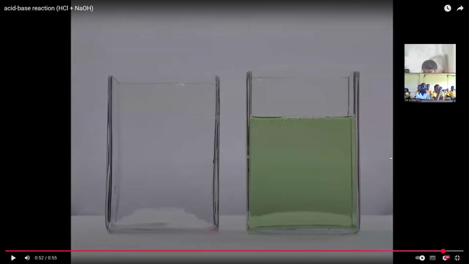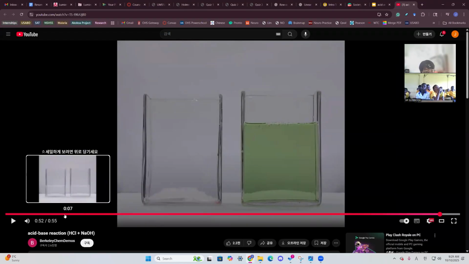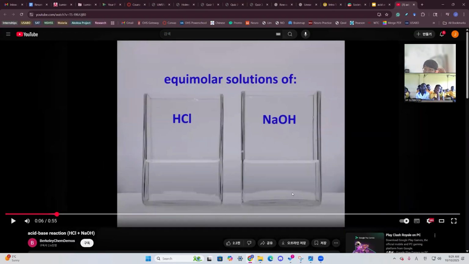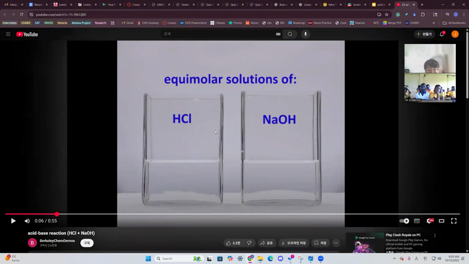Yeah, this video didn't have any sound, but you can see in parts of this video, first, this person had equimolar, meaning equal amount, solutions of HCl and NaOH. HCl is an acid, NaOH is a base.